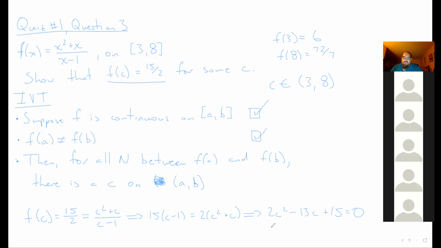And then let's just skip forward. What did I get for c if you're looking at the solution still? We ended up with 3/2 and then 5, and you got 5. I'm guessing you didn't put 3/2 because that one is outside of 3 and 8, correct? There you go.